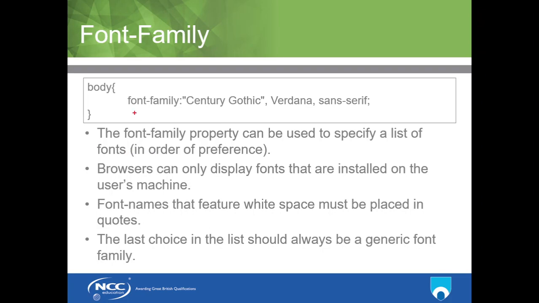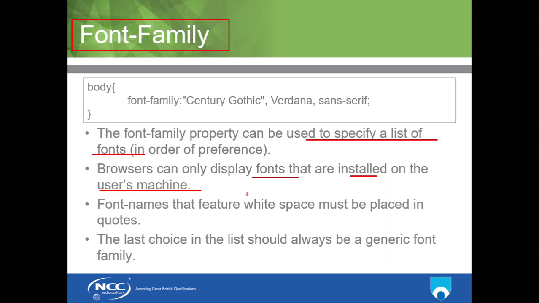Those are some of the text properties. Under text properties, we still have font family. It is used to specify a list of fonts in order of preference. So browsers can only display fonts that are installed on the user's machine.